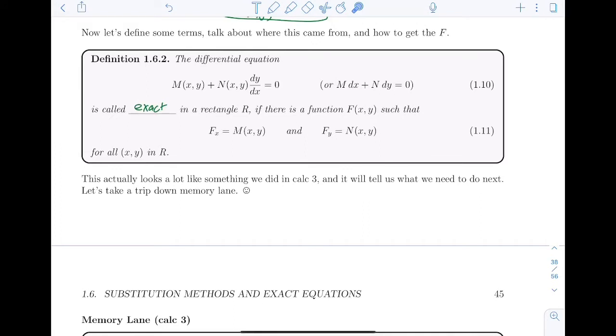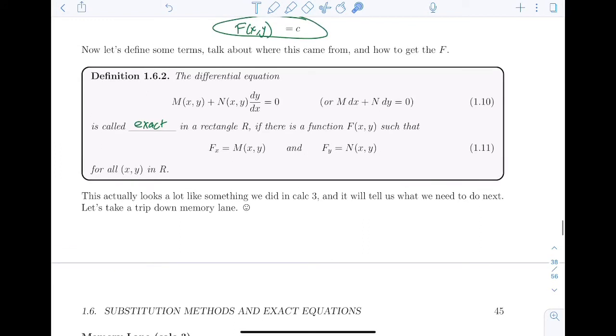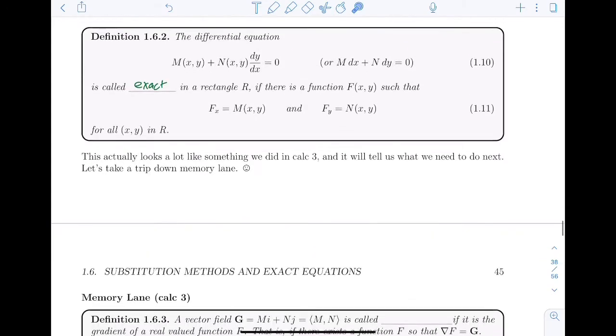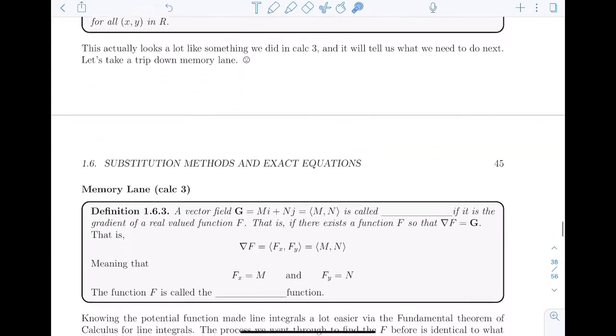Okay, so that's what we just did. So if I can find a function such that the partial derivative with respect to x is the M thing, and the partial derivative with respect to y is the N thing, then we call it exact, right? And that's its name. All right, let's take a trip down memory lane for a minute.